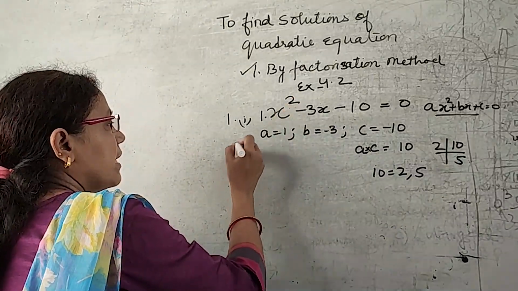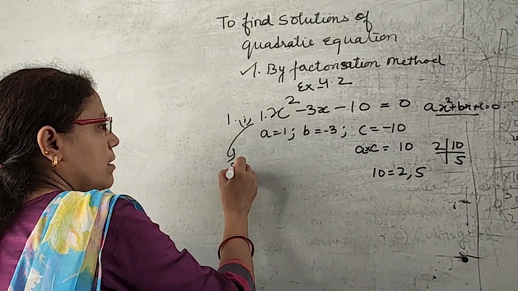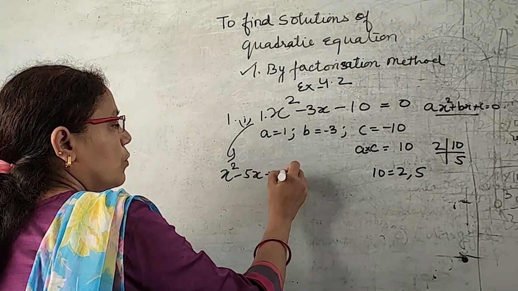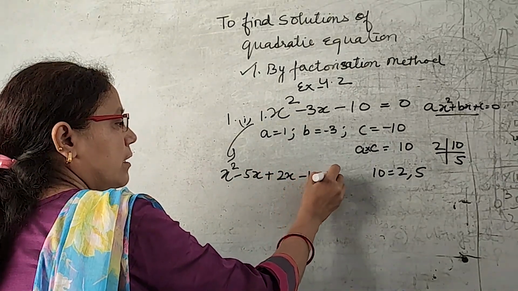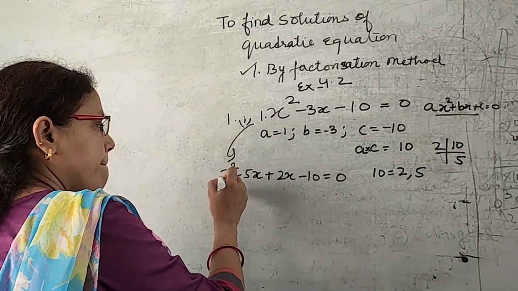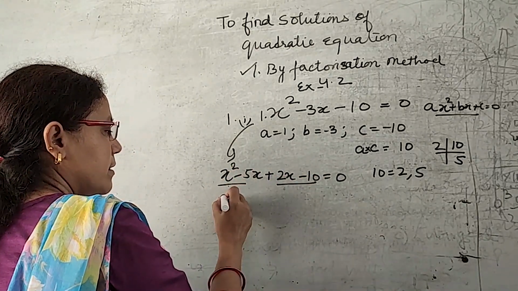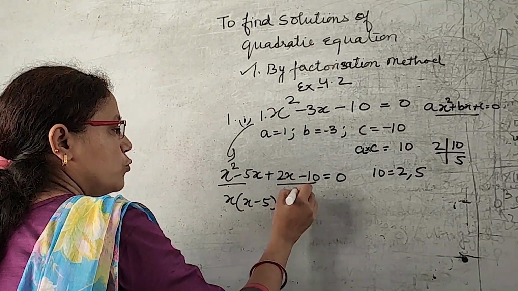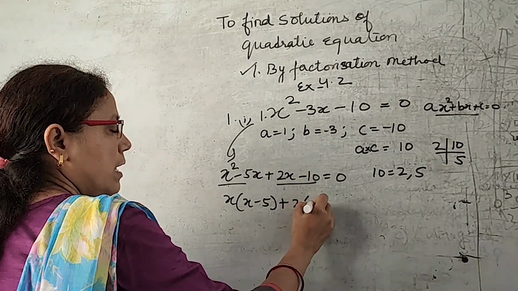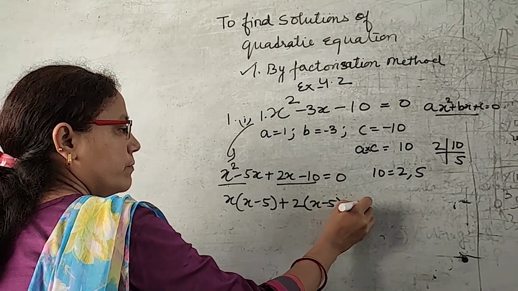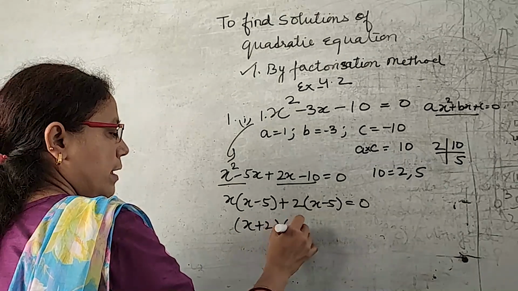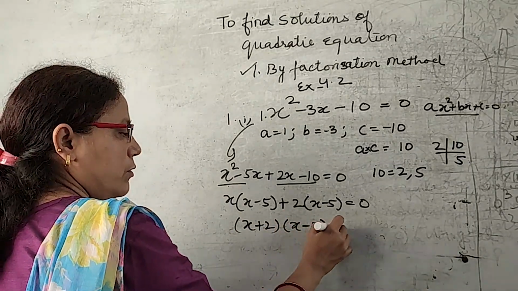So it can be written as x square minus 5x plus 2x minus 10 equal to 0. Let's take x common here, x minus 5 plus 2. So taking x minus 5 common, we get x plus 2 into x minus 5 equal to 0.